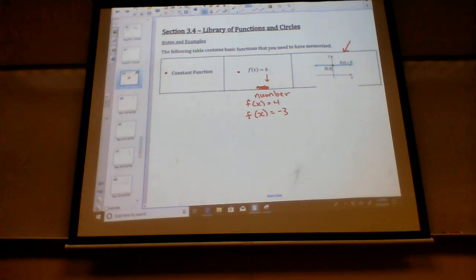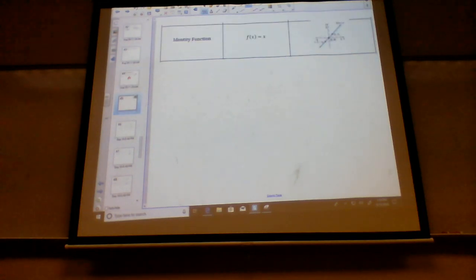Another function that you need to know and be familiar with is the identity function. The identity function is f of x equals x. So it's just a line. If you think about it, remember y equals mx plus b. So this is f of x equals mx plus b with a slope of 1 and a y-intercept of 0.